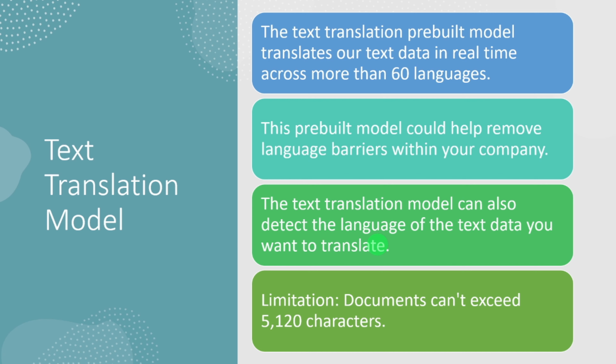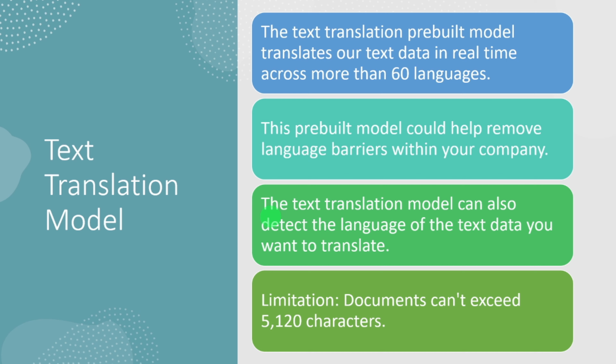Sometimes we receive random text in languages like Urdu, Hindi, French or Gujarati, and we do not know which language it is. First of all this model identifies which language is being used and based on that it will translate that language to our targeted language. At this moment there is one limitation: it will not support more than 5120 characters.